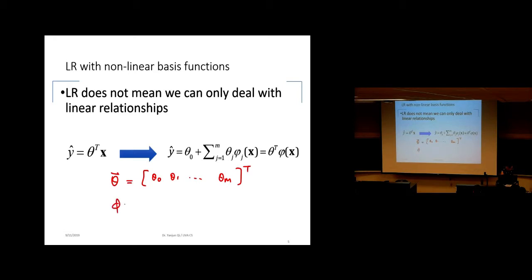And my phi vector is 1, phi 1 x, onto phi m x. Yeah, they all depend on the phi and the size varies.